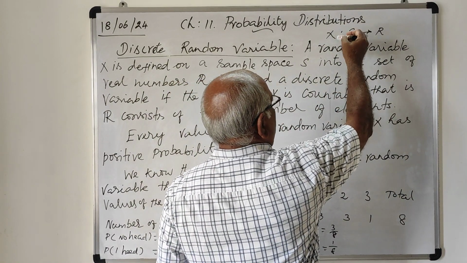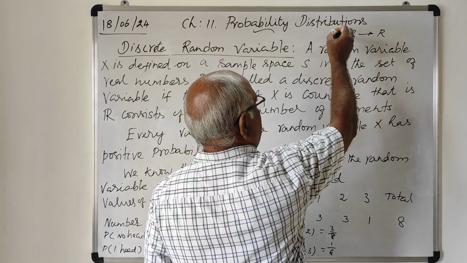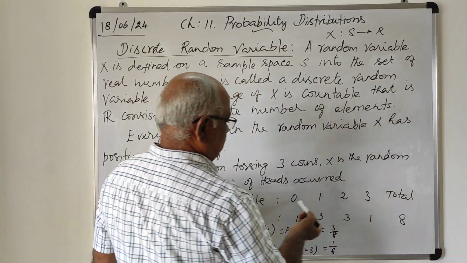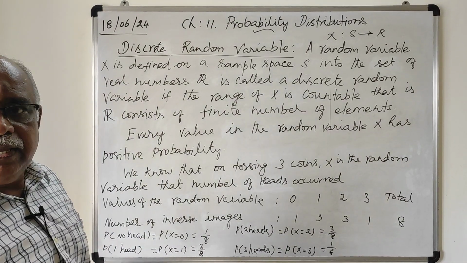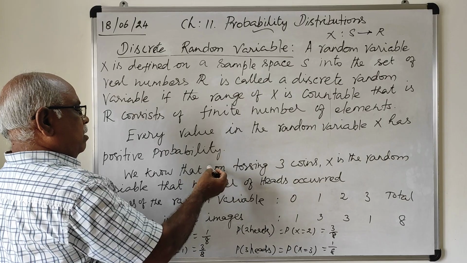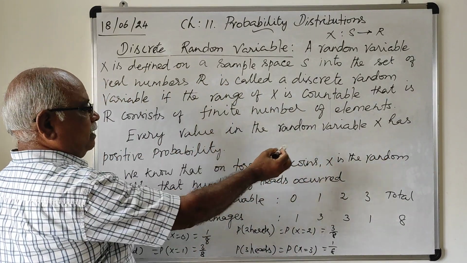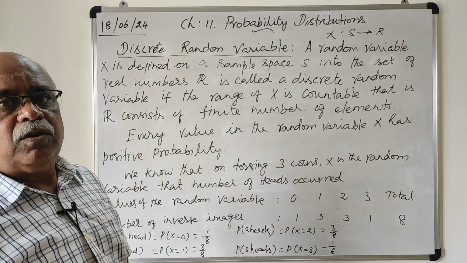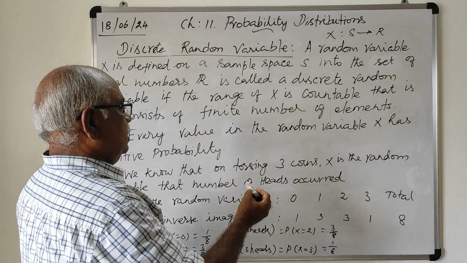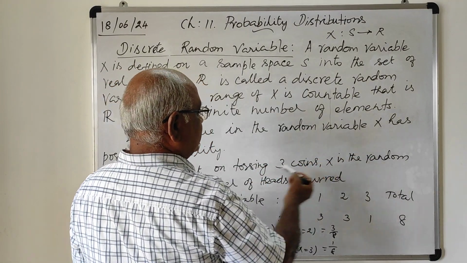In the random experiment, every random variable X has values, as we solved in the previous video. On tossing 3 coins, we consider the random variable X as the number of heads that appear.